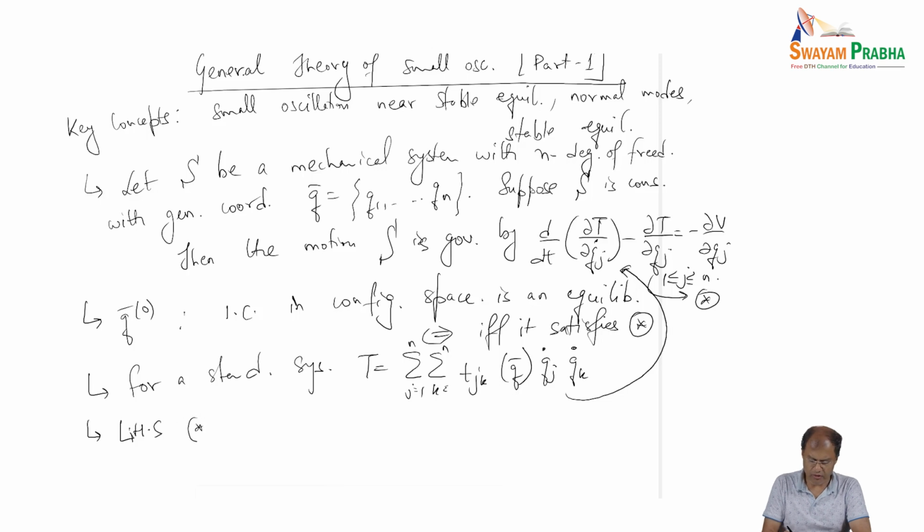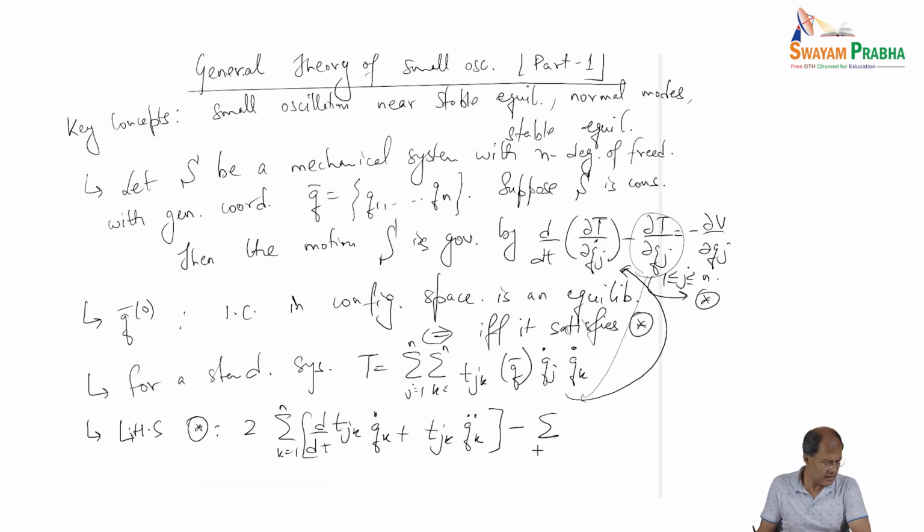So the LHS of star is going to be 2 times the summation over k from 1 to n of d Tjk over dt qk dot plus Tjk qk double dot, minus the second term, which is the summation over j from 1 to n and k from 1 to n of partial Tjk partial qj, times qj dot qk dot.